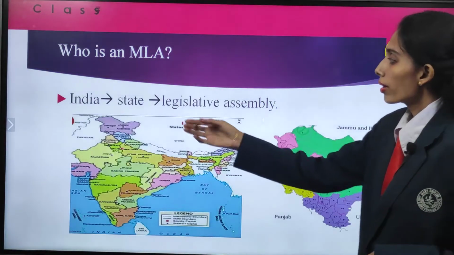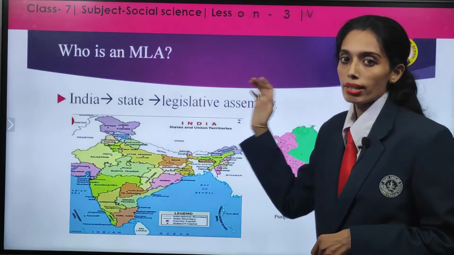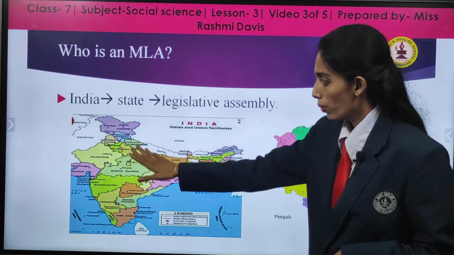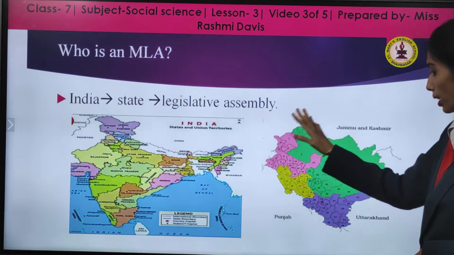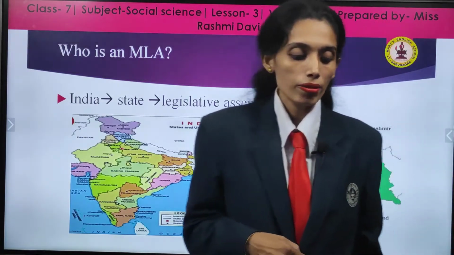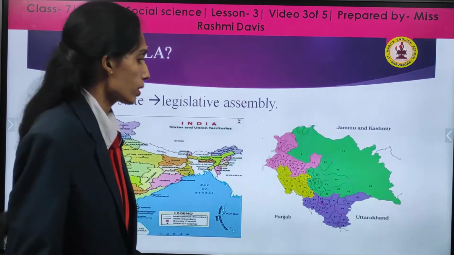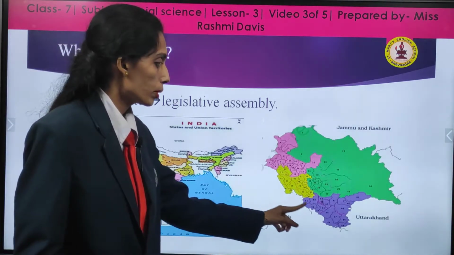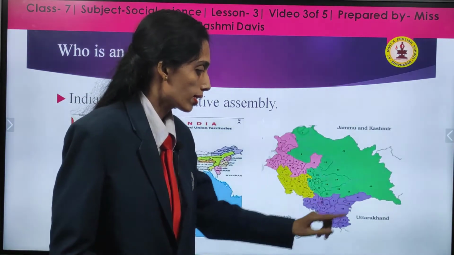Now we are going to talk about a state and the Legislative Assembly. From the map of India, we are going to talk about Himachal Pradesh, and it has different constituencies. There are a total of 68 constituencies, numbered from 1 till 68.